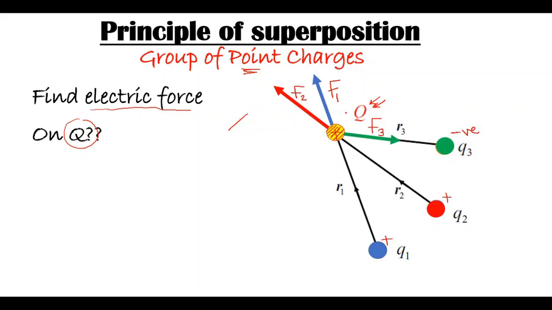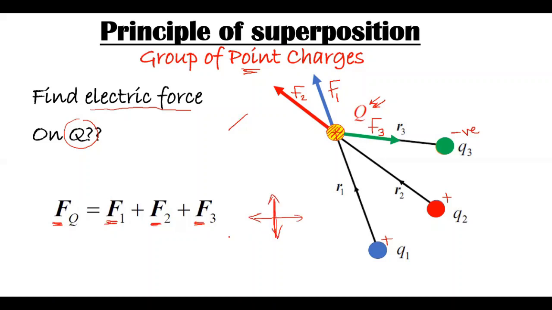To get the total force acting on the big capital charge Q, we just need to add the three forces, F1, F2, F3. Just take care, we are going to add them as vectors. You have to make resolution for each force and then add the horizontal components to each other and add the vertical components with each other to end up with something like that.